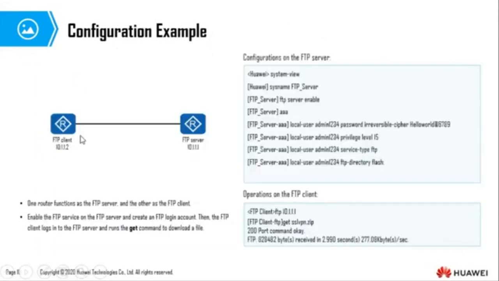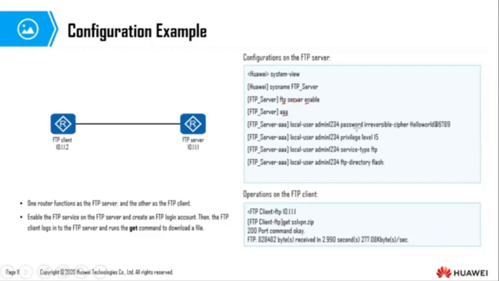So let's configure this router here as the client, and then this one as the server. Then we can use the get command to download a file from the server. So how do we do that? For the server, we have to use the command FTP server enable. Then we go into AAA.